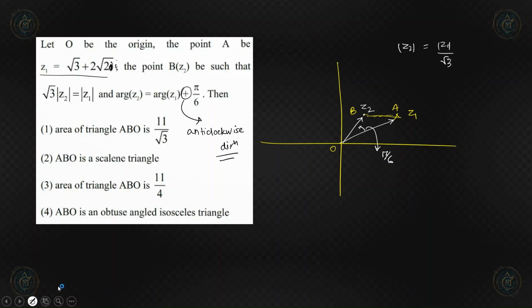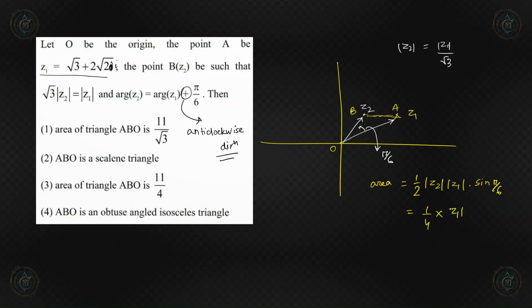Now let us check the area of this triangle. So area will be half times the product of any two adjacent sides. Let us take OA and OB: mod of z2 times mod of z1 times sine of the angle between those two sides, that means sine of pi divided by 6. So 1 by 4 here from this 2, and now for mod of z2 we can substitute mod of z1 divided by root 3.